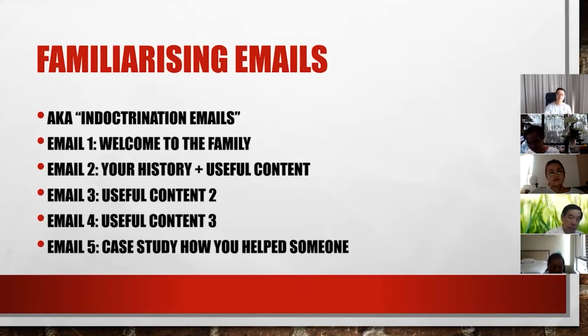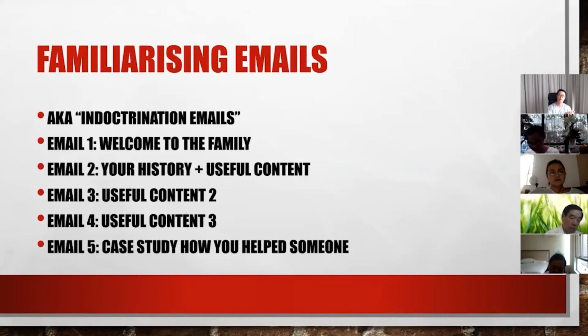The first email is like saying, welcome to the family. The second email is talking about, I think here it's also good to talk about your history, where you come from, and also if it's not talking about your personal history, talk about your company's history, where your company came from and all that, and then give a piece of useful content. In email 3, you give out a second piece of useful content.